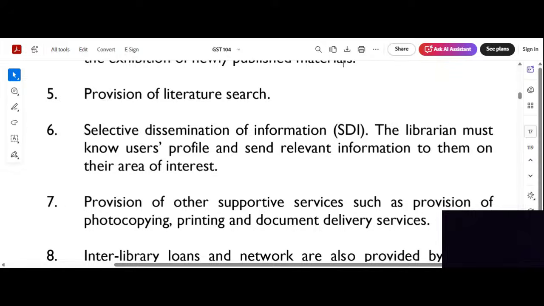I'm asking you guys before we proceed. That is a classwork, yes? Don't tell me the full meaning. I want the main difference between CAS and SDI.